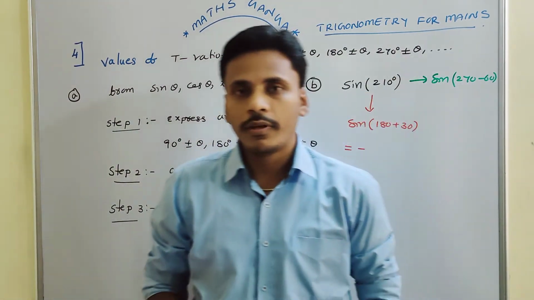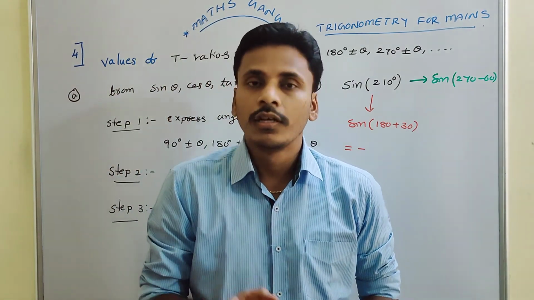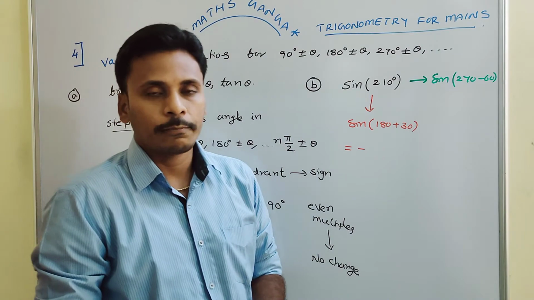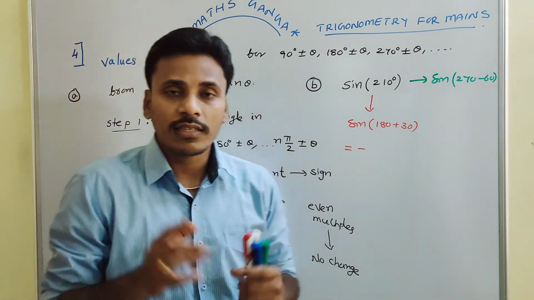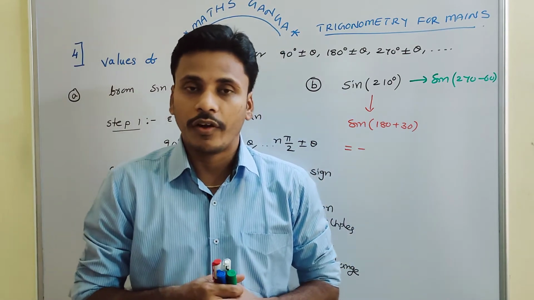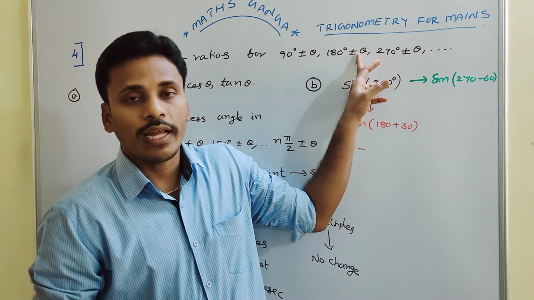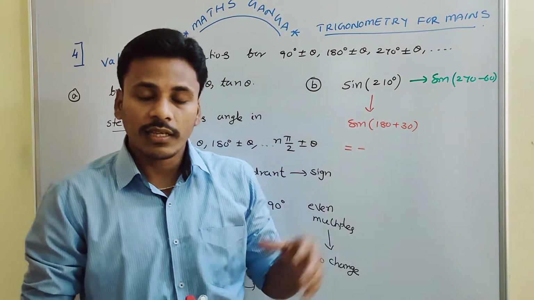I think you are all familiar with this, but here I am just revising how it is utilized to solve the problems. This conceptual idea tells us how to calculate the values of trigonometric ratios for angles like 90 plus or minus theta, 180 plus or minus theta, and so on.